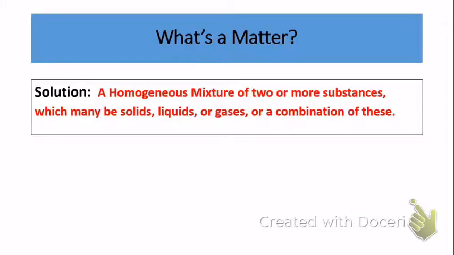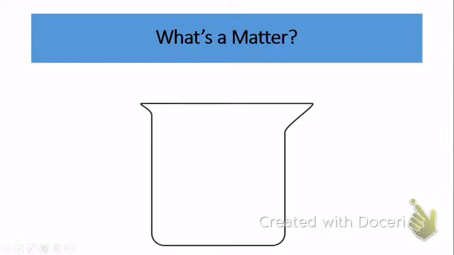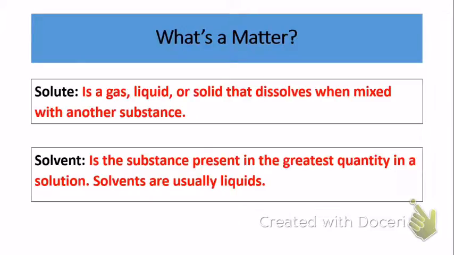By definition, a solution is a homogeneous mixture made up of two or more substances that can be solids, liquids, gases, or combinations of these. There are two parts to any solution: the solute and the solvent.